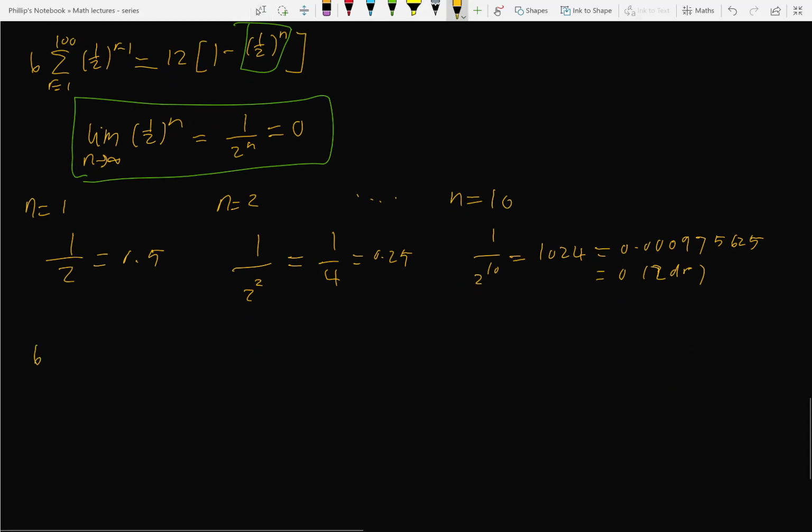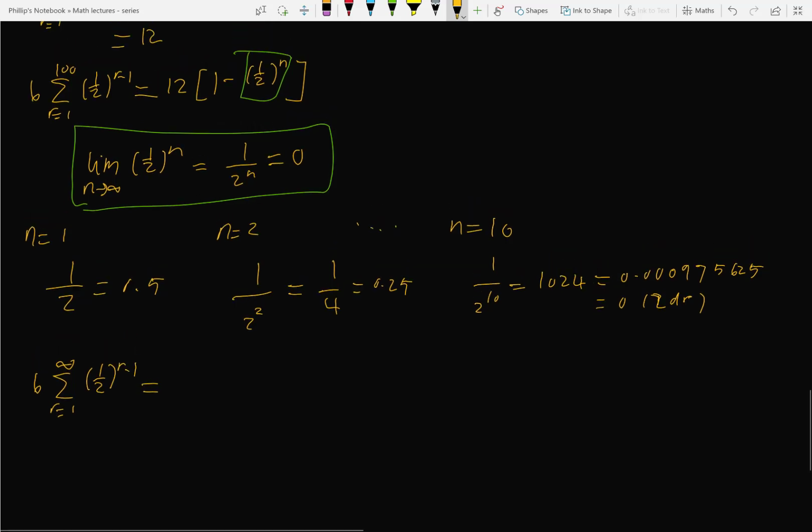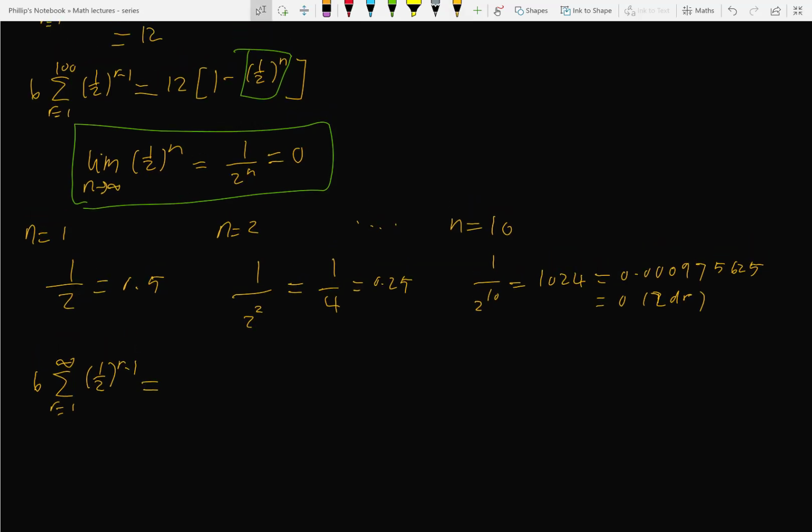So what we can say now is the sum from r equals 1, change this to n, change this to infinity, of a half to the r minus 1 is equal to the limit. When we're talking about infinite sums, we're talking about if we keep summing up terms and we get bigger and bigger and bigger and go towards infinity, what does the sum get closer and closer to?